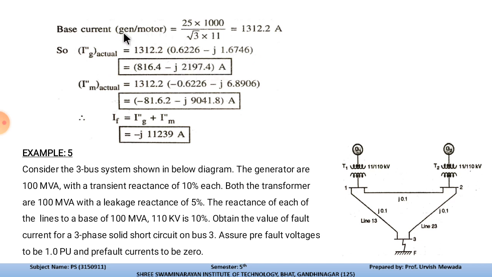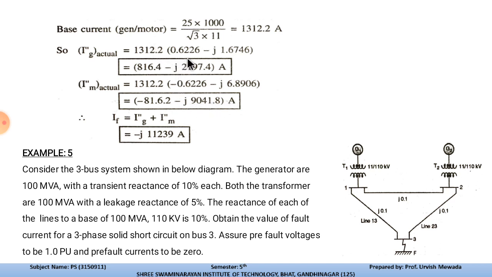This is the actual current drawn by the system when the fault takes place. The IM double dash actual is 1312.2 multiplied with IM double dash, that is minus 0.6226 minus j6.8906, so IM actual will be minus 816.2 minus j9041.8 ampere.